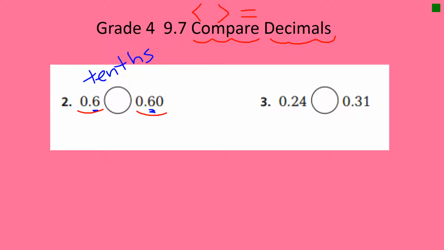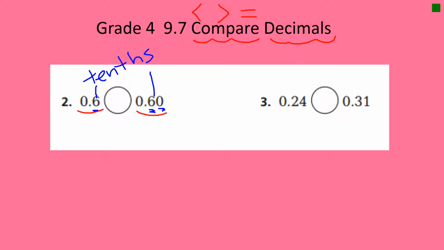That's the tenths place. And in both of these decimals, the 6 is in the tenths place. Now, this has a 0 in the hundredths place. But does that add any value? No. It's just a 0 in the hundredths place saying, hey, there are no hundredths.